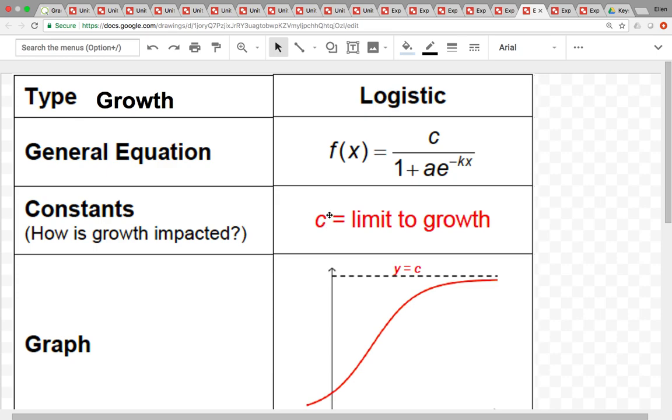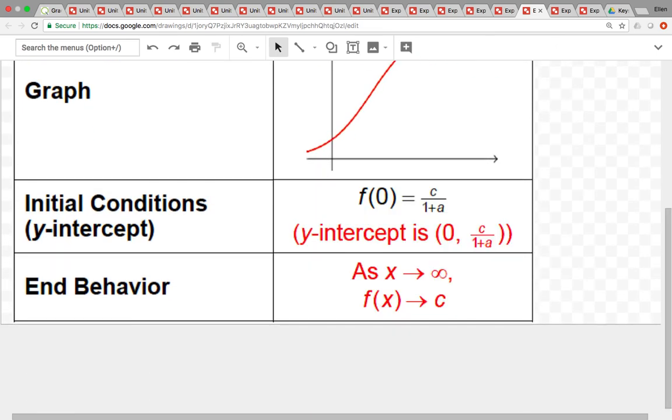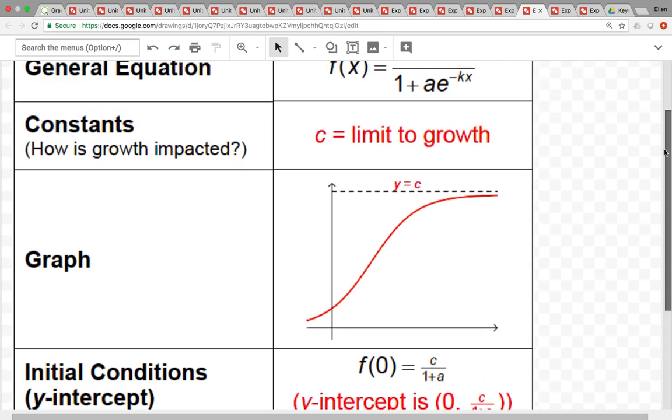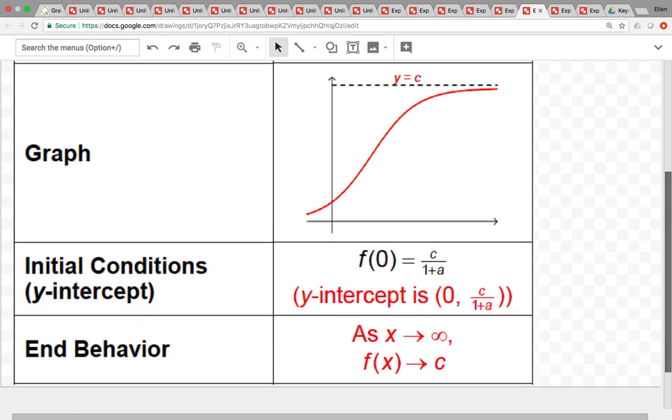In this case, your C is the limit to how high you can go. So let's go back to the equation. Notice your a value is the number you're multiplying e by, and usually that'll be a 1, but every once in a while you'll get a different number there.